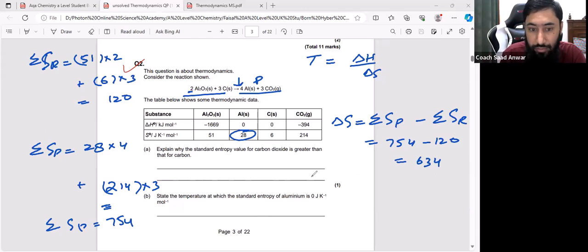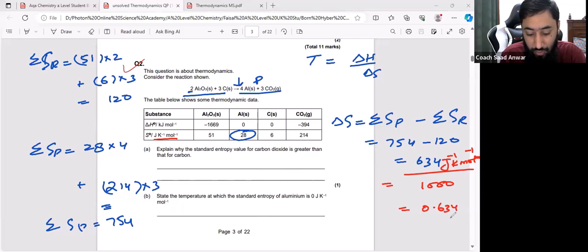Entropy is in joule per Kelvin per mole. Now I will divide this by 1000, so it would be 0.634 kilojoule per Kelvin per mole.